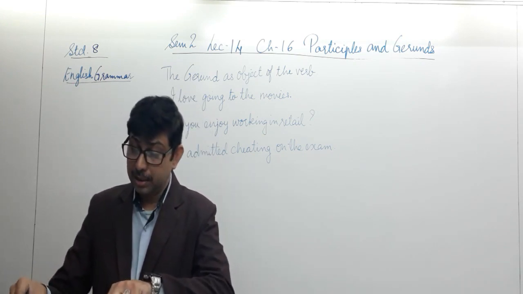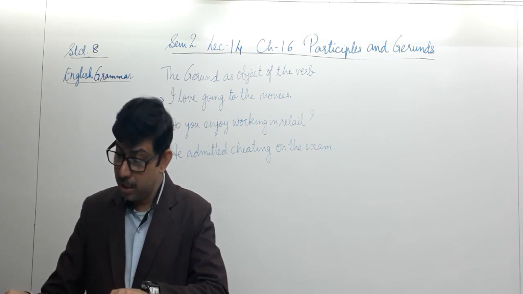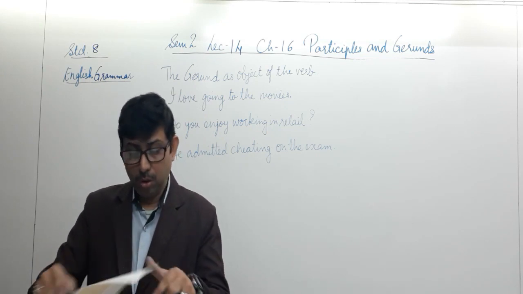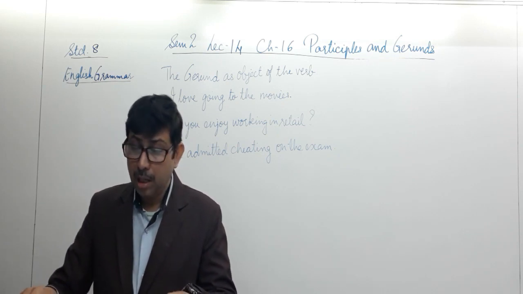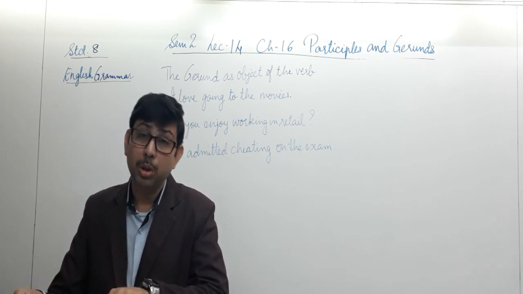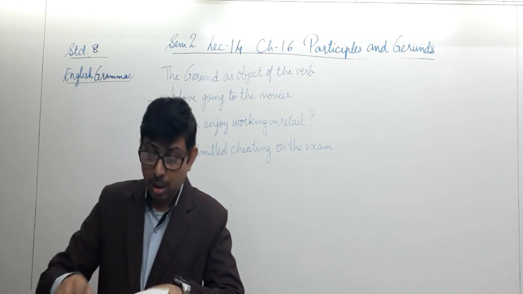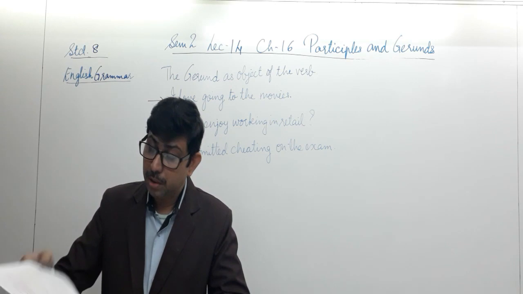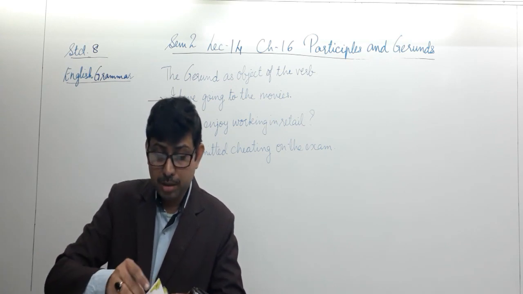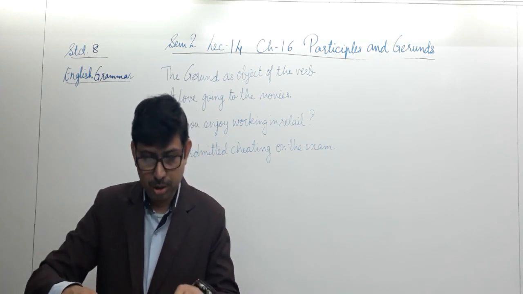Well, we have exercises on page number 133 as exercise A, on 134 related to participles, which we will be looking in the upcoming lecture. So we will be taking up the concerned exercises that is related to gerunds in this lecture.